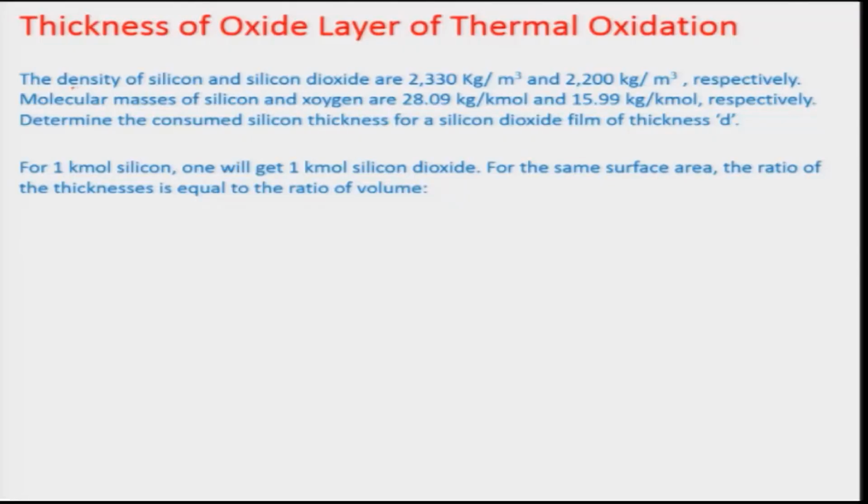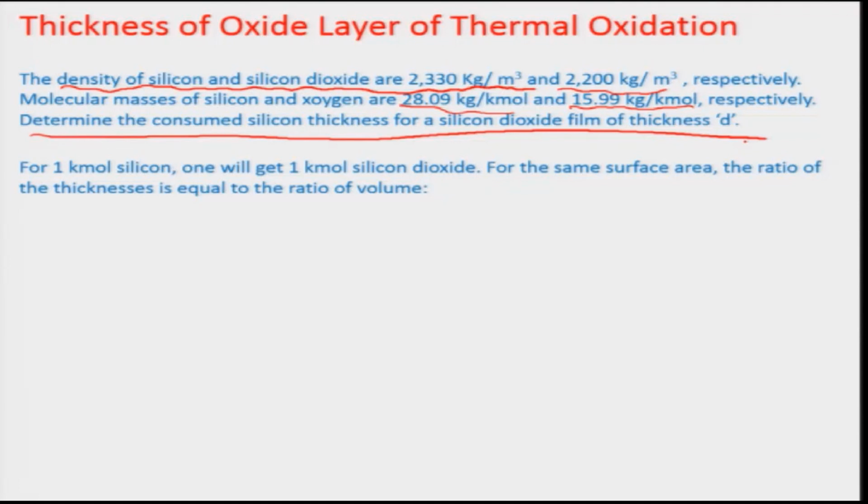The density of silicon and silicon dioxide in this particular case are given as 2330 kg per meter cube and 2200 kg per meter cube, and it is further given that the molecular masses of silicon and oxygen are 28.09 kgs per kilomole and 15.99 kgs per kilomole respectively. You want to determine the consumed silicon thickness for the silicon dioxide film of thickness T.